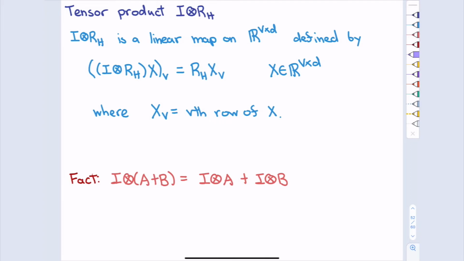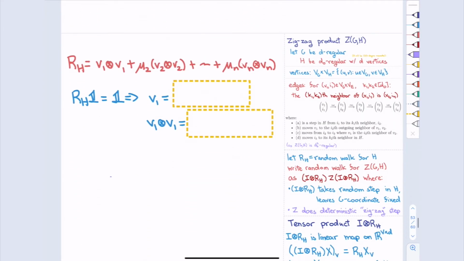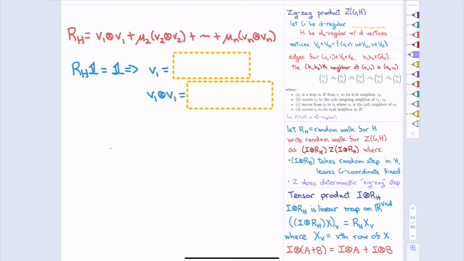If I look at the vth row, it'll be taking a random step on the vth row of X. This identity also follows. I realize it's a little bit exotic, a little bit unusual, so we'll just have it on the right hand side so you can pattern match when we need to use it.